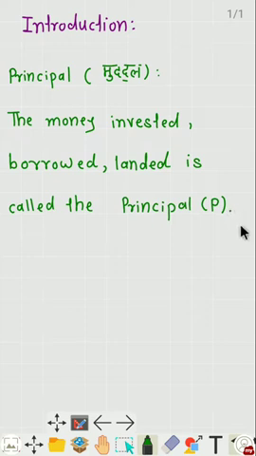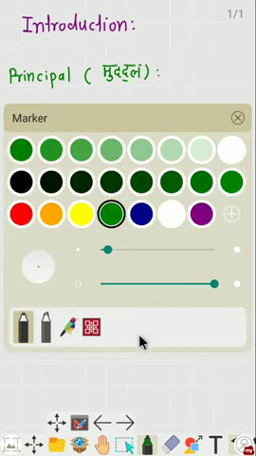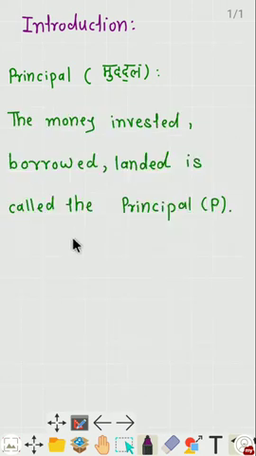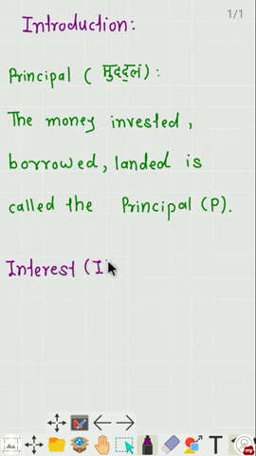Okay, and the next term that we are using is interest. And it is denoted by the notation capital I. In Marathi it is called as VAS. Okay, so the interest means the little extra money paid in addition to the principal.